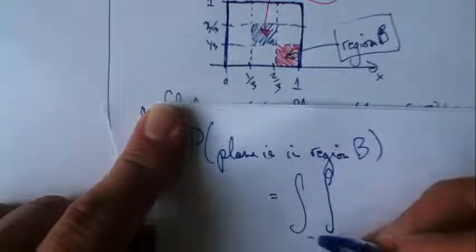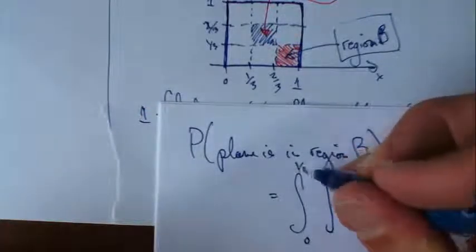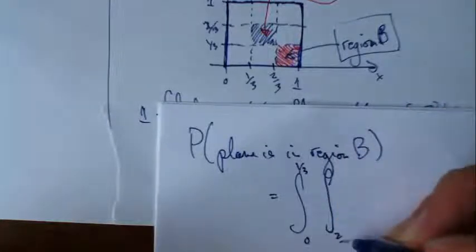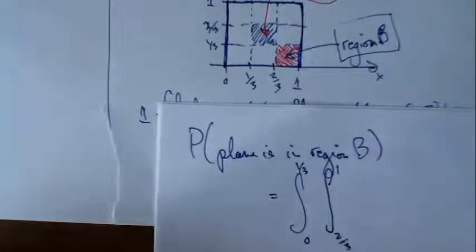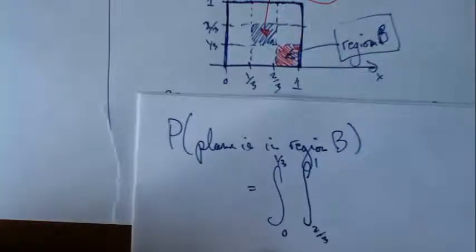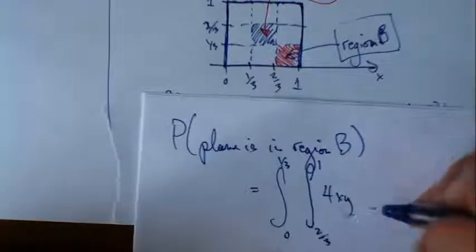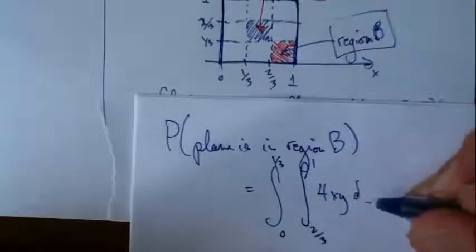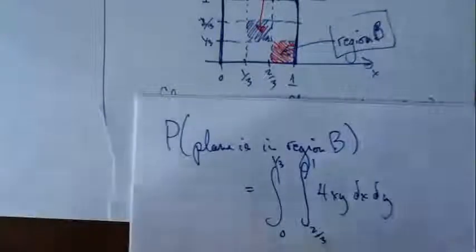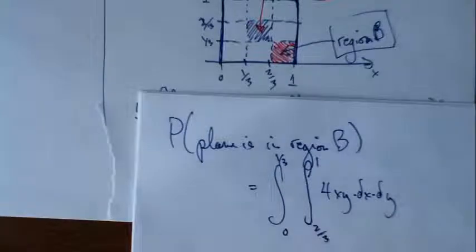So let's see, double integral. I'm putting my y stuff on the outside. Y is going from 0 to 1/3, but x is going from 2/3 up to 1. See that? And then I need to put in my density function, which was 4xy dx dy.